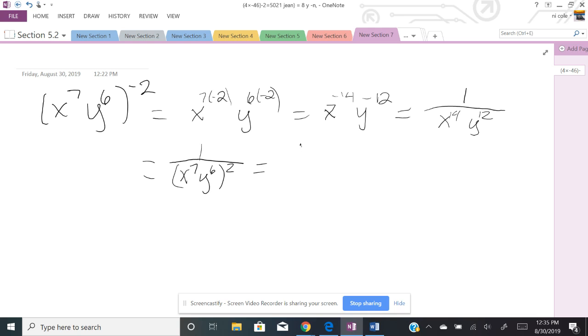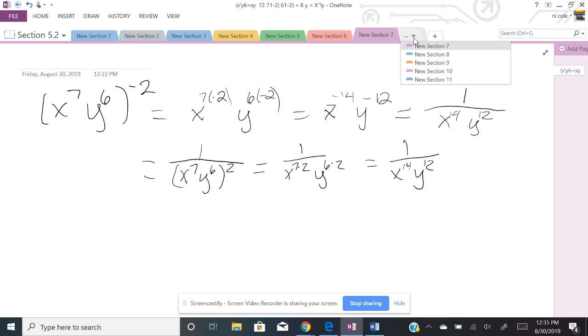And then I would have 1 over x to the 7 times 2 and y to the 6 times 2, giving me 1 over x to the 14th, y to the 12th. Okay, so again, multiple ways. I'm sure there's another way I have left out, but don't worry. Maybe you will do steps in a slightly different order, but you will all come up with the same answer.